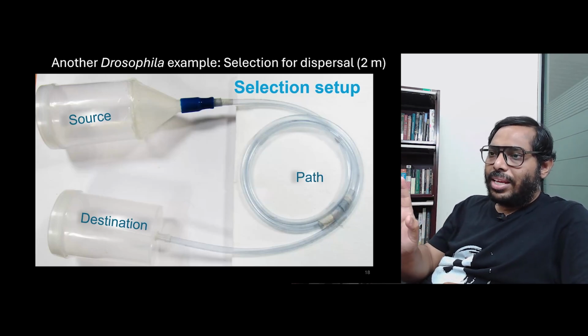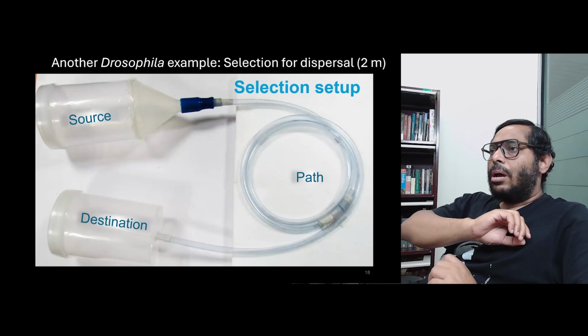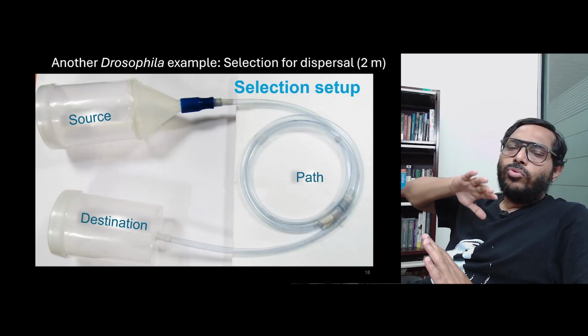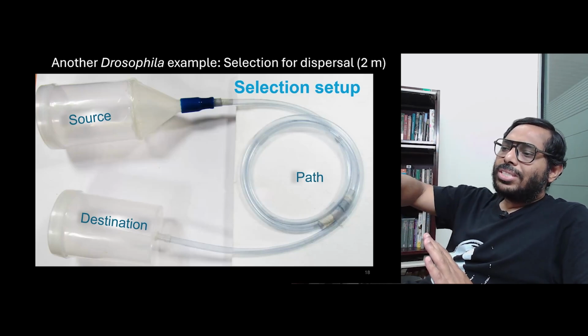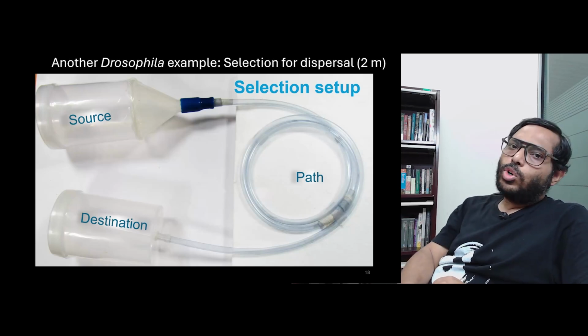And what has that led to? Well, many things, but what I want to show you is that when we started our experiment, these flies on average could move about 4 meters, so we started with what you are seeing in front of you, a path length of about 2 meters.